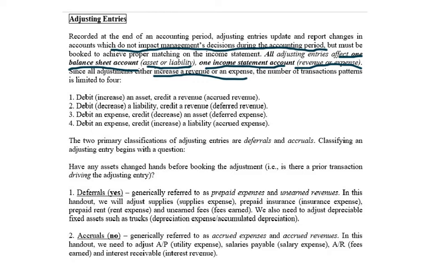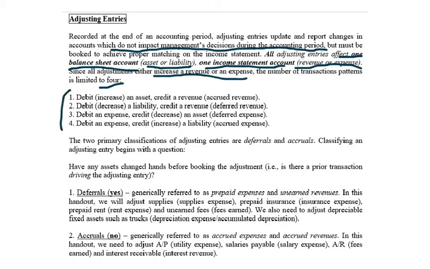If there's an appendix somewhere in your book about another treatment of adjusting entries that would entail some other fancy footwork, you don't go into that anymore, so don't worry about it. Because we're only looking at either increasing a revenue or increasing an expense, our transaction patterns are limited to just four. That's all you have to concern yourself with here.